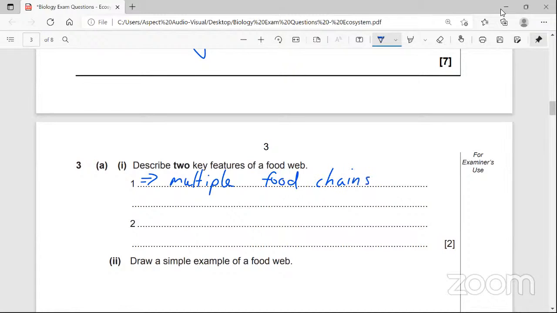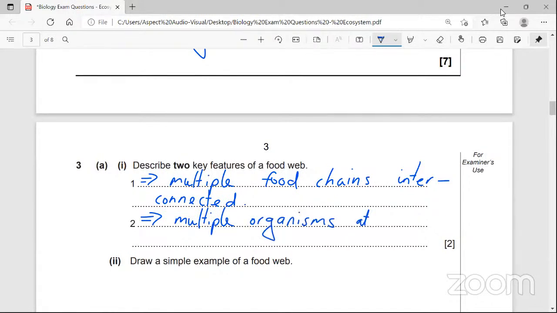Exactly, multiple food chains interconnected. So what else? Multiple organisms at each trophic level.